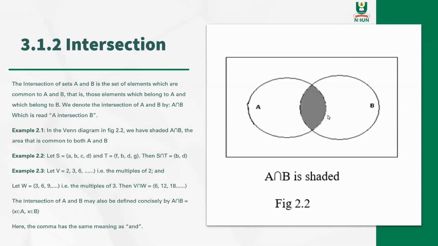That point where they intersected is referred to as the intersection of A and B, which is contained in A union B. Am I communicating? Yes, sir. So A intersection B is also contained in A union B. Take note of that.